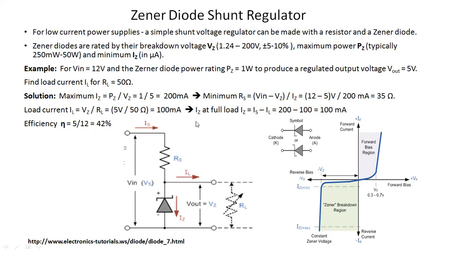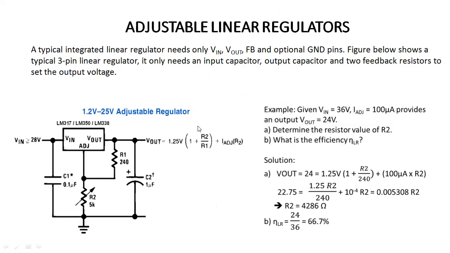So here now we can see the adjustable variable voltage regulator. In our syllabus we are supposed to study LM317 and LM318. If you see, this is a 3-terminal device. So for the variable linear voltage regulator, a typical integrated linear regulator will need only input voltage, output voltage, feedback and the optional ground pin.